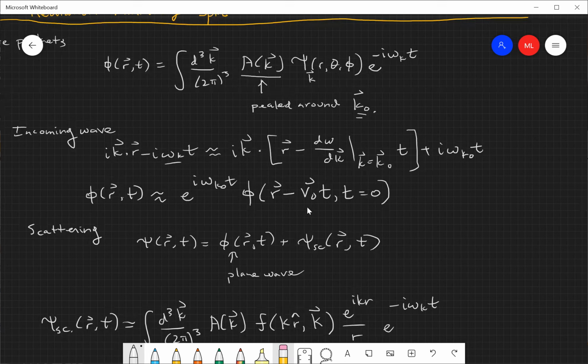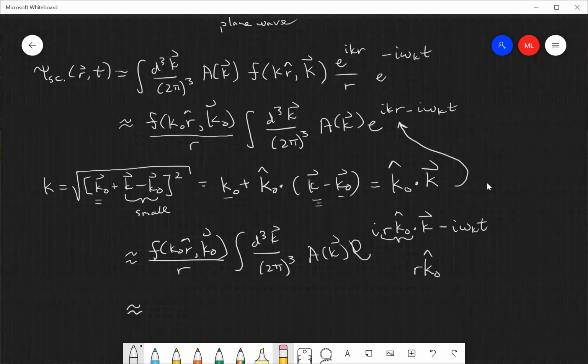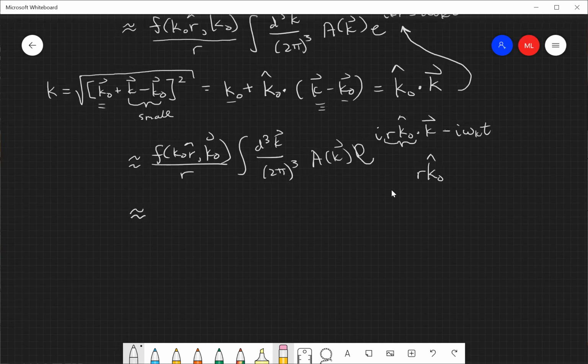But see, this is convenient because now in this case for the plane wave, r is like where we're looking, and that doesn't necessarily have to be in the same direction as how the particle moves, because this is going to be along the z-axis typically, and then r is just like where we're evaluating this wave function. But now it's quite similar, except it's all along the same direction. So this whole thing is just using the plane wave result.